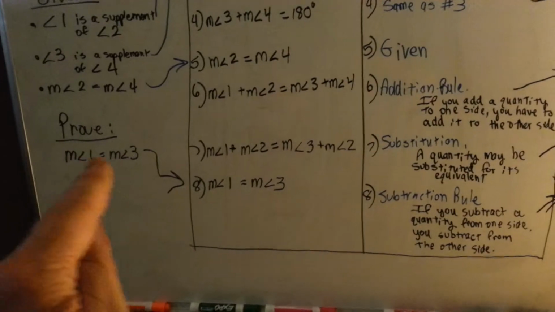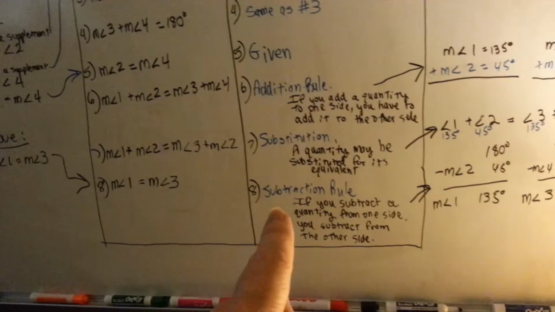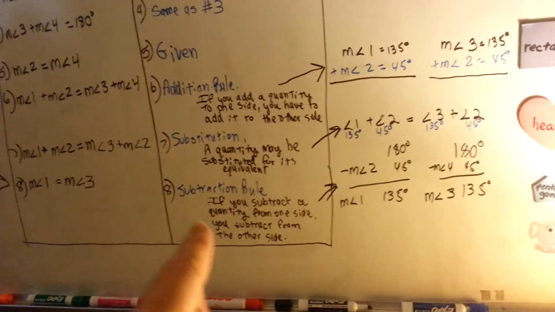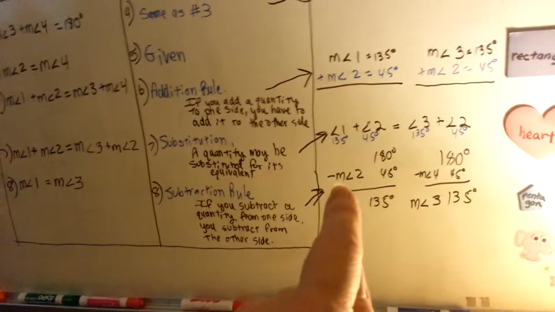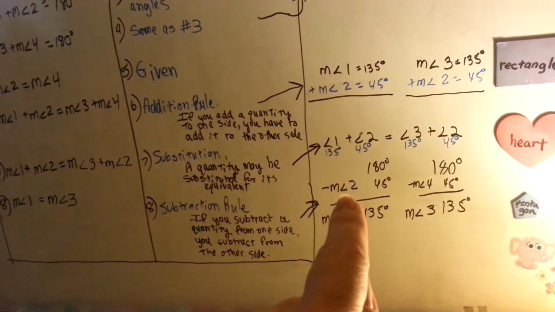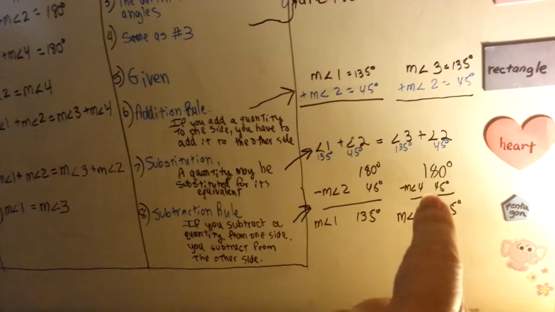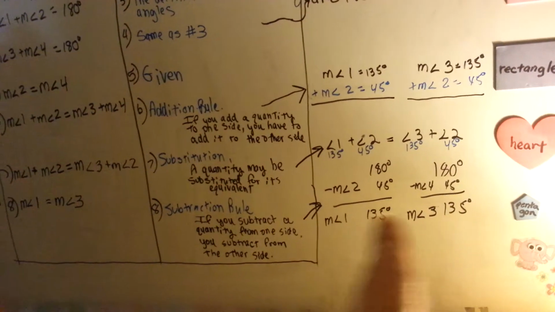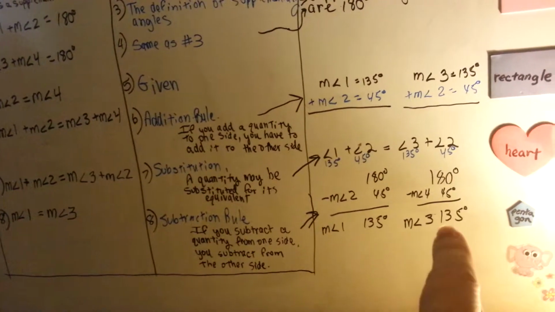So that brings us to our proof down here that 1 and 3 are equal. And our reasoning is the subtraction rule. If, see we got 1 and 3? If we had 2 and we took it away from 180, and we had 4 and took the same number away from 180, we would end up with 1 and 3 both being 135, see?